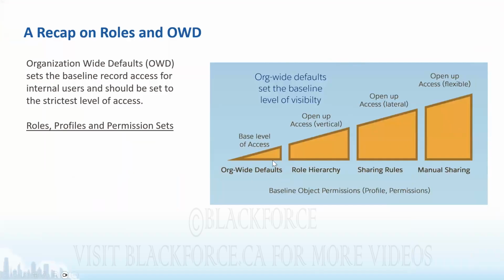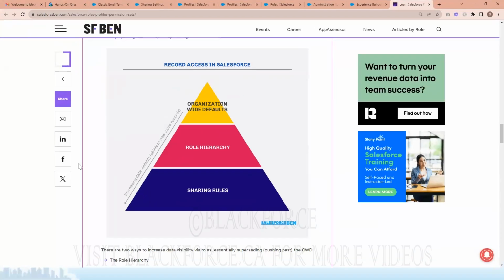So the least access is what you specify in your OWD. So the OWD has least access, followed by the role hierarchy and then the sharing rules. And it goes that way to increase data visibility. So you open up access.